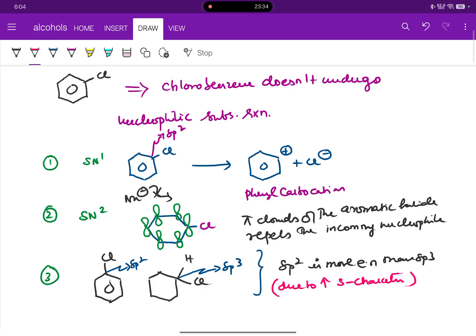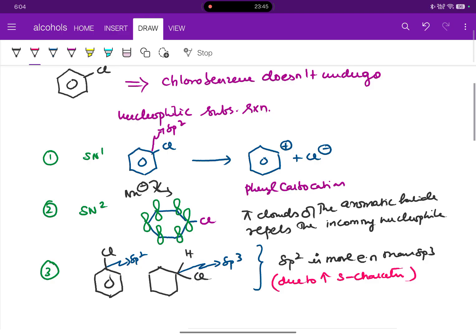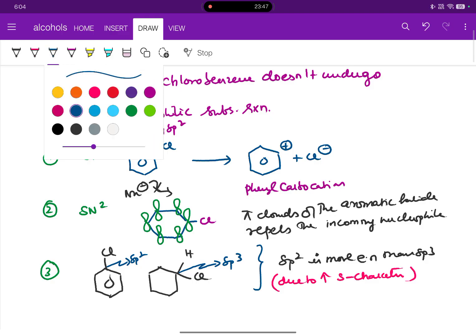Whenever s character increases, electronegativity will increase. Compared to sp3, sp2 has more s character. Being more electronegative, another electronegative group cannot come and attack. That's the logic.